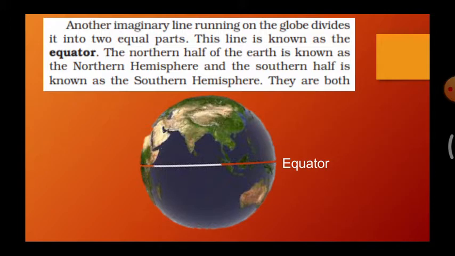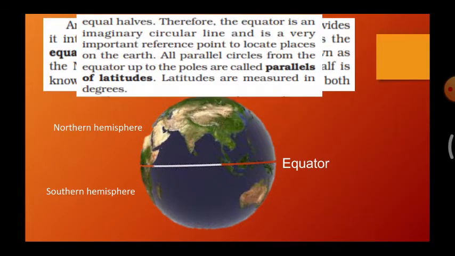The northern half of the earth is known as the northern hemisphere, and the southern half is known as the southern hemisphere. They are both equal halves.